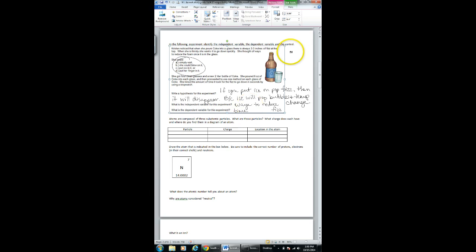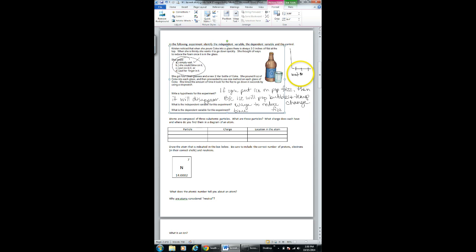So if we were going to graph this, we could put weight as our independent variable, which would be our control in this experiment, because that's something normal that you can compare your results to.